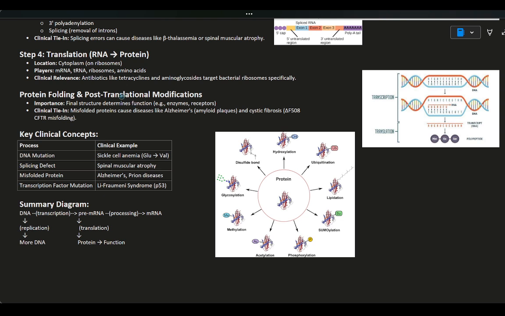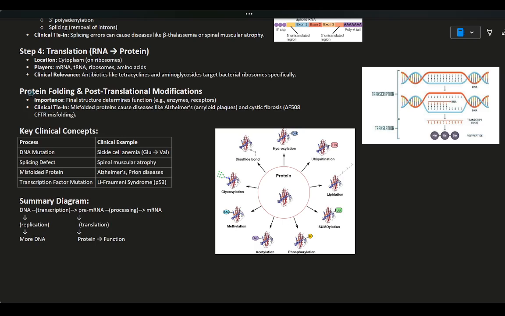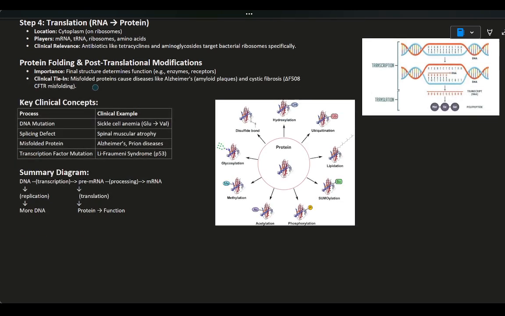So what happens after you build your initial protein product through translation? Well, now you have protein folding and possibly some post-translational modifications. This is important because it helps to synthesize the final protein product with a unique structure.